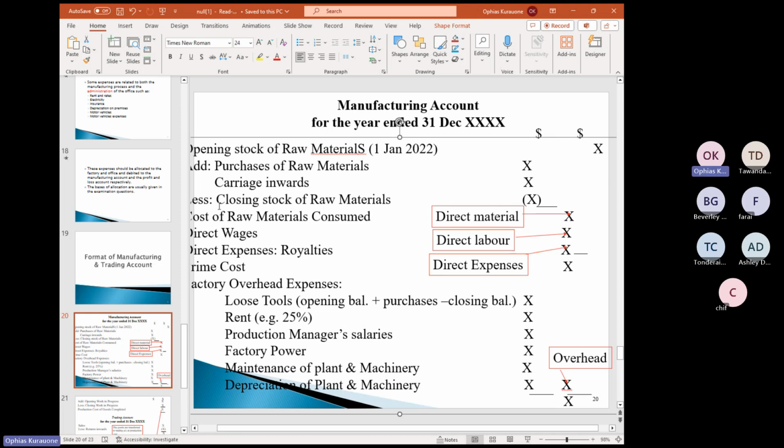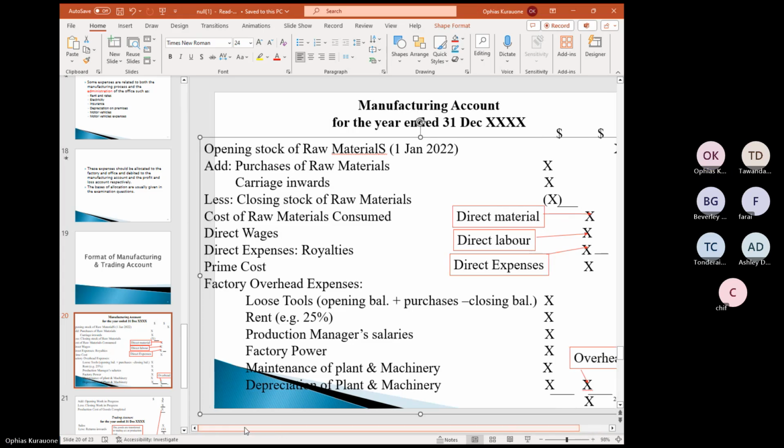Then we have the closing stock of raw materials.